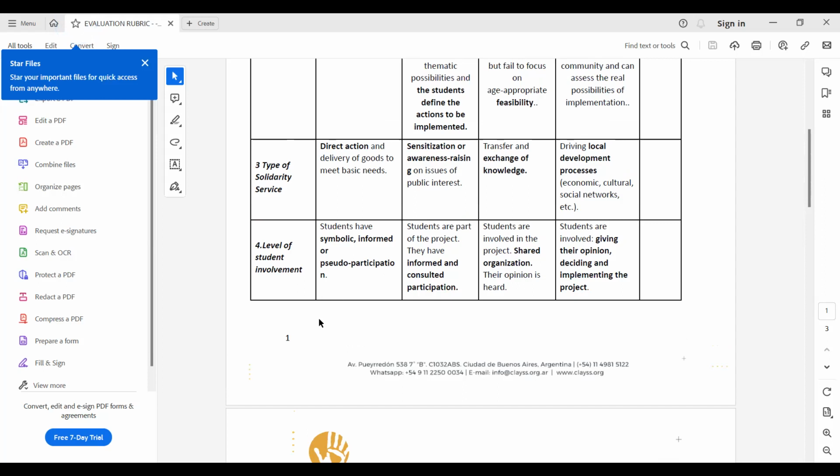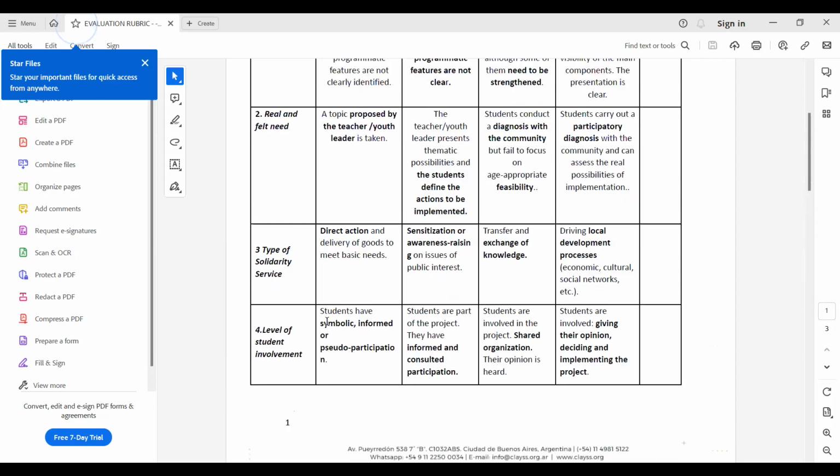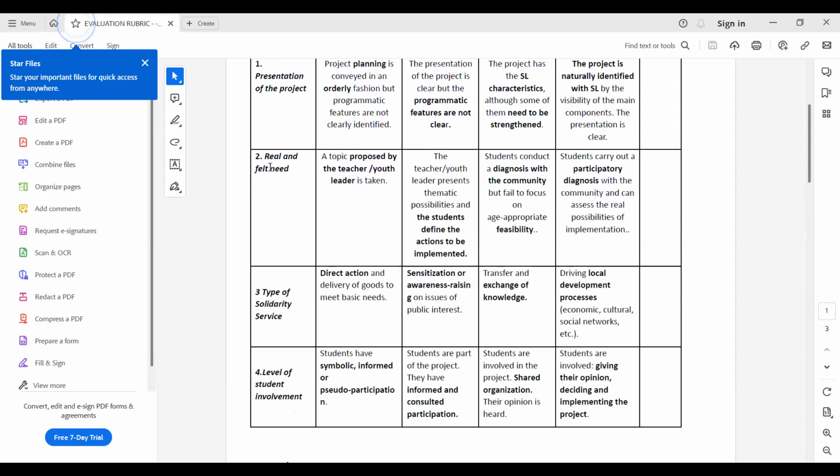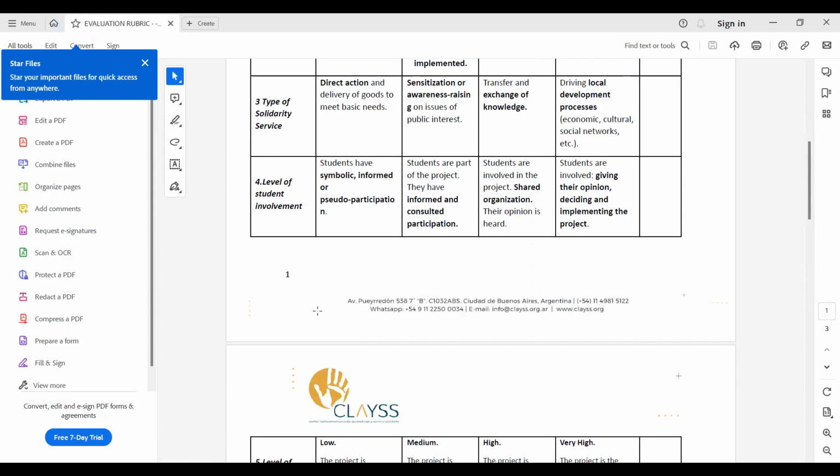So as you can see, there is an escalating grade of involvement of the community, of the students, that goes from the point that they are not participating at all, and in the final square of this rubric, we have students and community involved in the project.